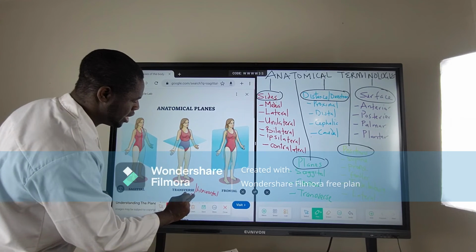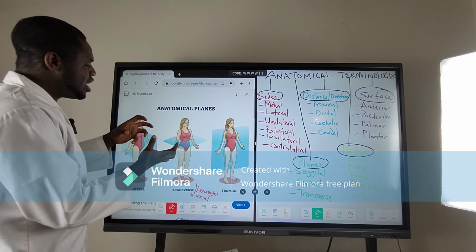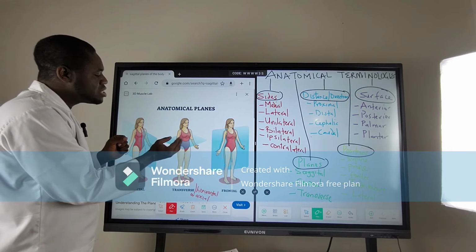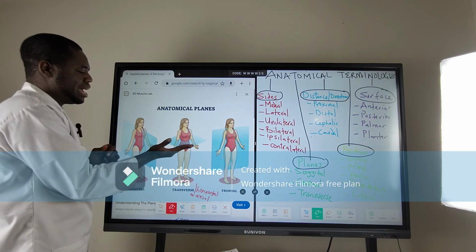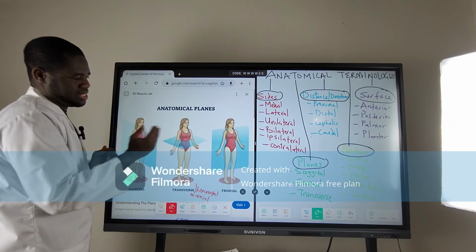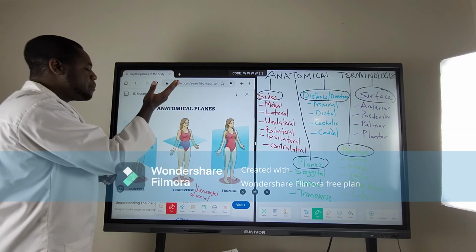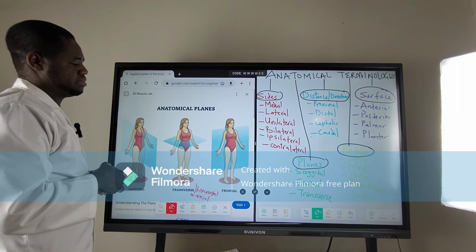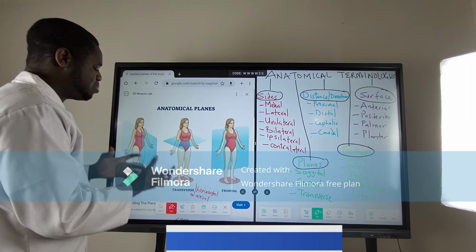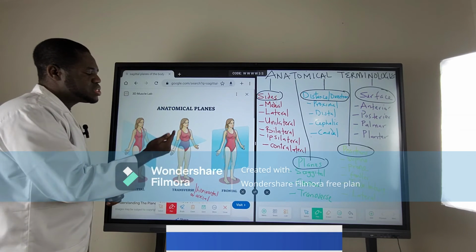This transverse plane divides the body into superior parts and inferior parts, into the upper part and the lower part. That is the transverse plane, or horizontal or axial plane.